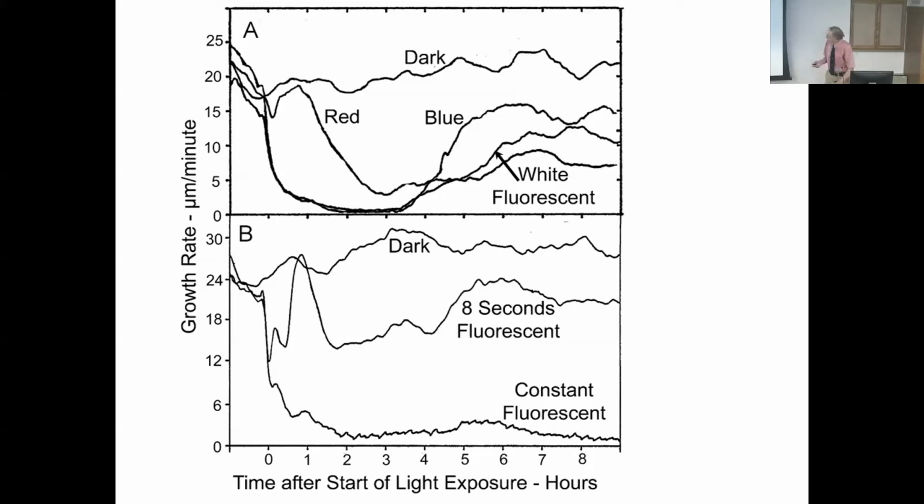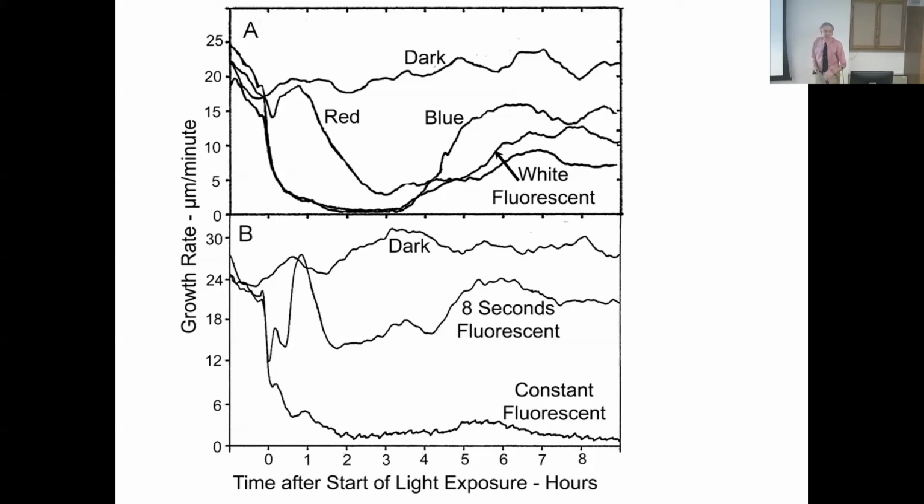So we tried that, and here they got a pulse of 8-second fluorescent, and you get this immediate drop. But if you've only left the light on for 8 seconds, the growth then goes back to the dark rate, and then at an hour and a half drops again.